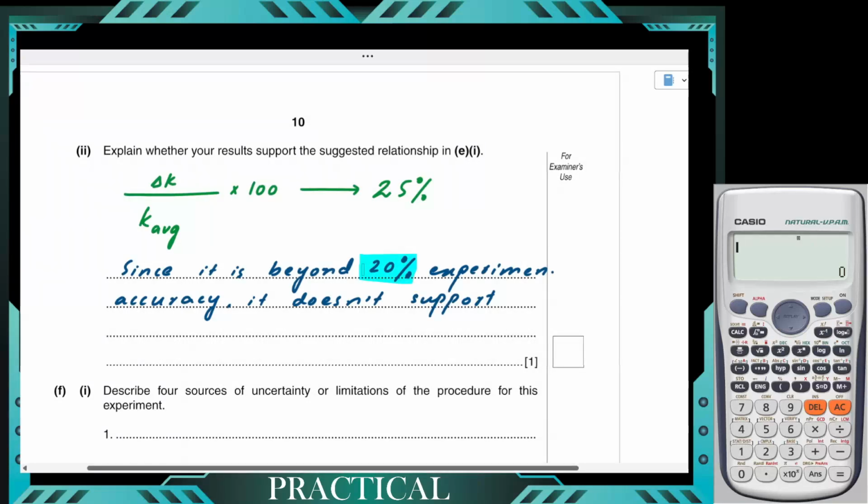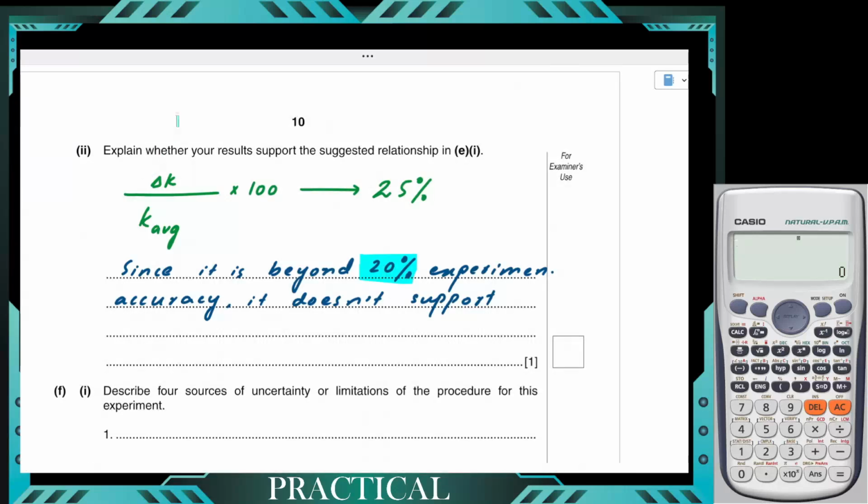You can also go with a criteria of 25%, 30%. But whatever criteria you have set, you go with that. So if you say that we are setting a criteria of 20%, if the answer is within the criteria of 20%, for example 18, 19, 17, 16, then you say, okay, the results support the suggested relation. If it is more than 20, you say it does not support the suggested relation.